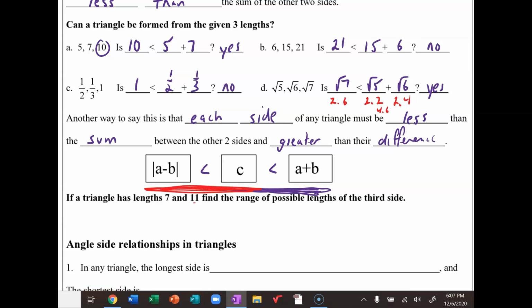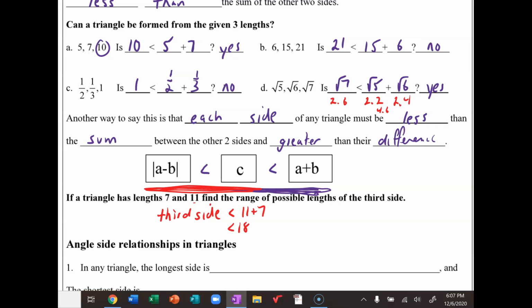But what we can say is that the third side will be between the sum and the difference. Let's call this the third side. It will be less than 11 plus 7, or less than 18.